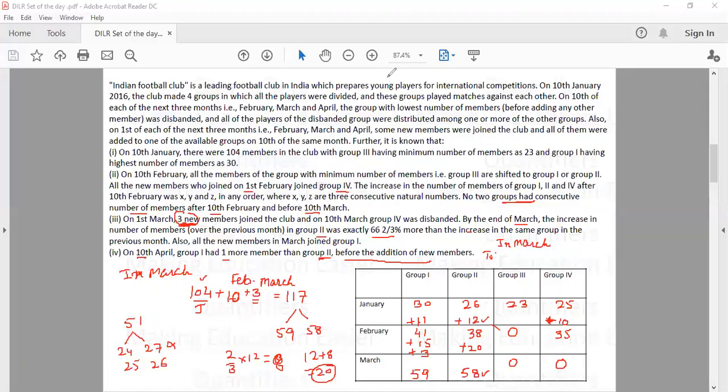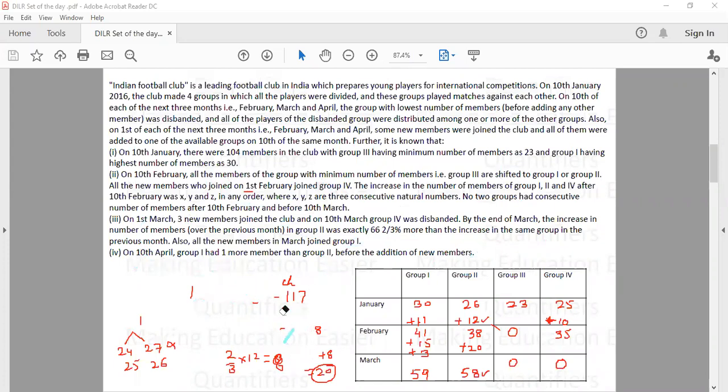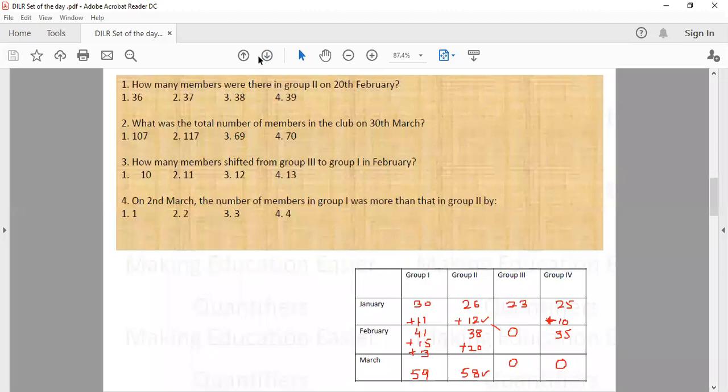Let us now see the questions. Here is the first one. It says how many members were there in the group 2 on 20th of February, right?